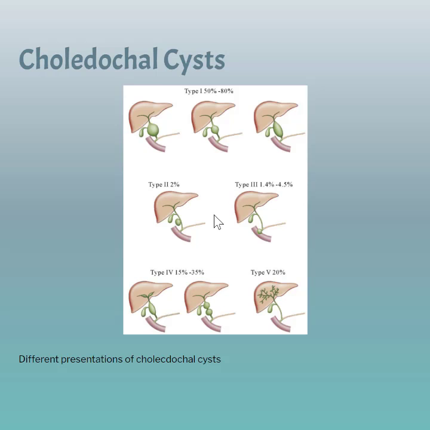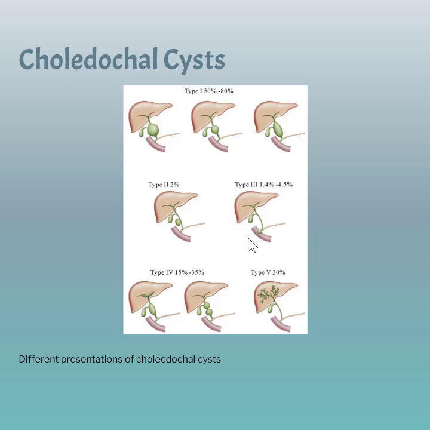Here's another review then of the types of choledochal cysts that can be found. Remember that type 1 is the most common. With type 1, we see fusiform enlargement of the common bile duct. It looks like kind of a large cystic space that sits in between the liver and the pancreas. Type 2 then is a diverticulum, so we can see a little outpouching off of the common bile duct.